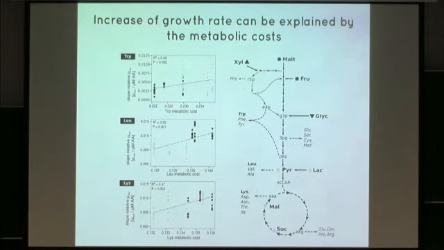So what you have here on the x-axis is the predicted metabolic cost from our approach, and on the y-axis the increase of the maximum growth rate under these carbon sources. What you can see is that there's a positive correlation. So if an amino acid is very costly, then the auxotroph saves, of course, more cost because it's not producing it anymore, and can catch up to the wild type growth level much faster than if that amino acid would be less expensive.